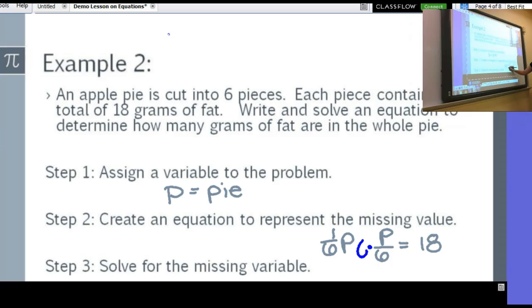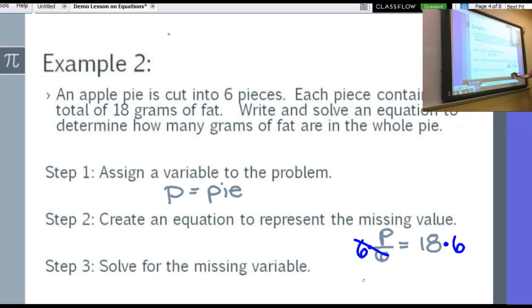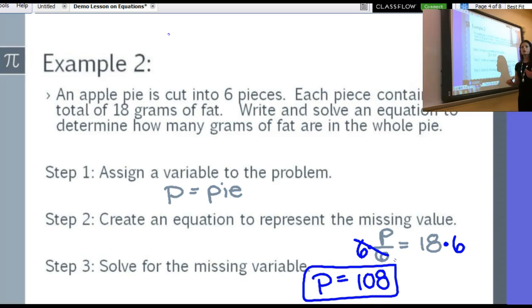So let's get rid of that division by multiplying by 6 on both sides. So we cancel these out because they're inverse operations, and we solve for the missing variable by taking 18 times 6 and getting 108. So there are 108 grams of fat in that apple pie.